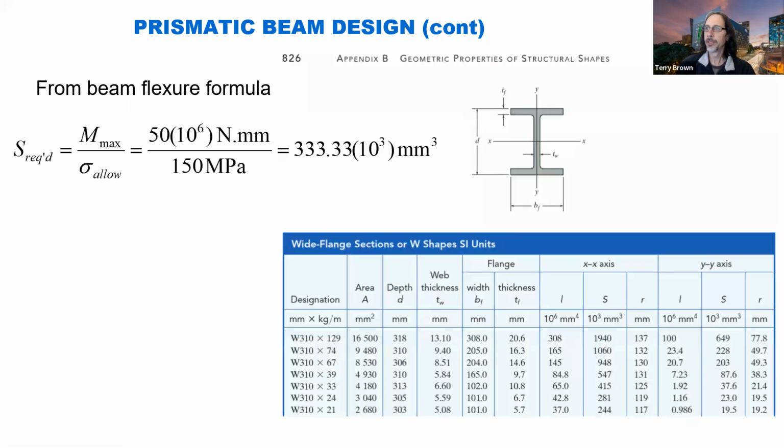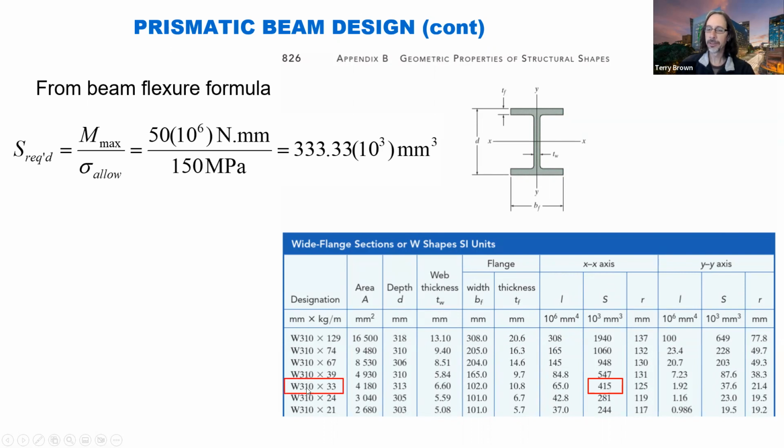Right. So now if we go to our table, so we were told we wanted to use a wide flange beam with a depth of 310. So we go into here, we look for our section modulus over here, come down. So 415 is our closest one. 281 is too small, so we've got to go up to 415.